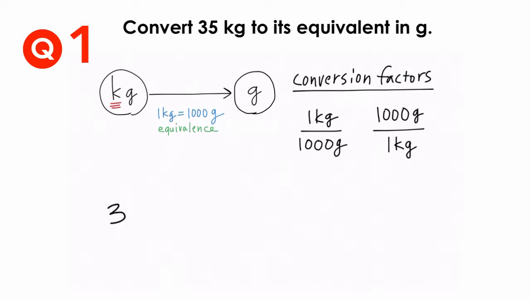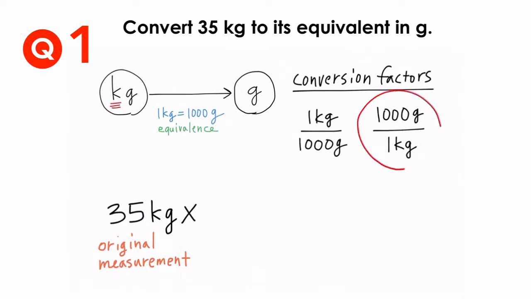We want to convert 35 kilograms, so that's the original value. We will start the calculation with that value and multiply with conversion factors. In order to get rid of kilogram, we want to have kilogram on the bottom of the conversion factor.